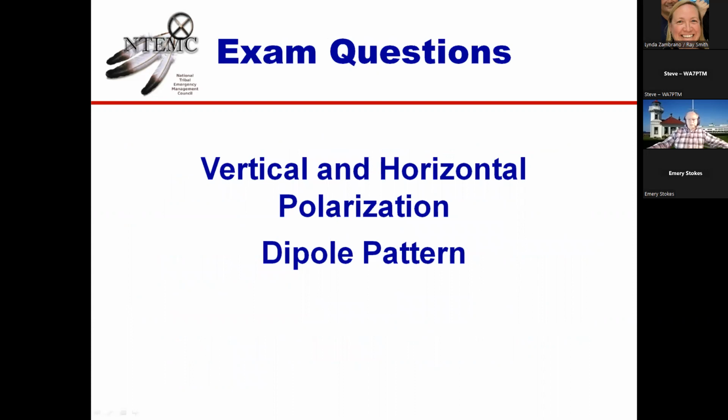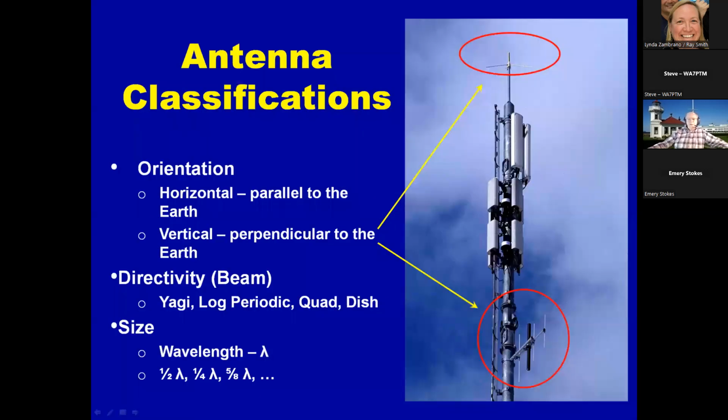So let's talk a little bit more about vertical and horizontal polarization, and we'll talk about the pattern of a dipole antenna, an illustration of where the energy comes out of a dipole antenna and what shape that takes. As I already mentioned, we talk about horizontal and vertical. There's a number of ways that you can classify antennas.